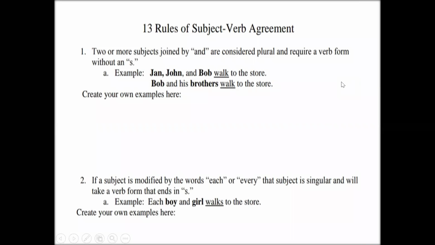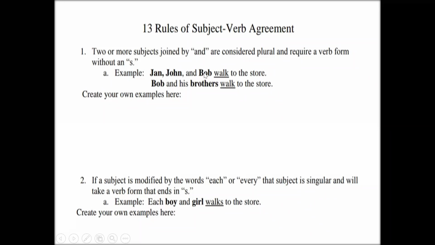very first rule of using a verb with the subject is that whenever two subjects are joined by the conjunction and, they are considered plural. This is the easiest form. Suppose Jan, John, and Bob.